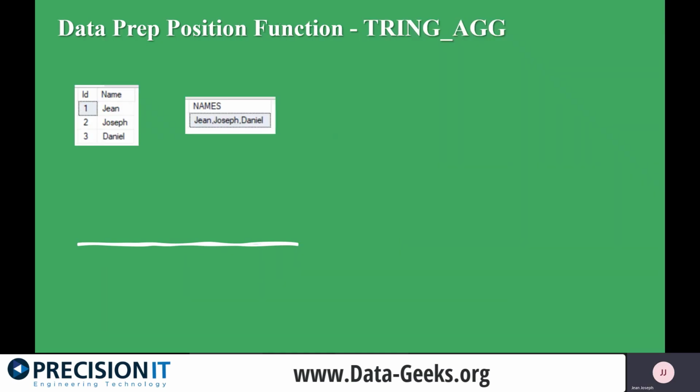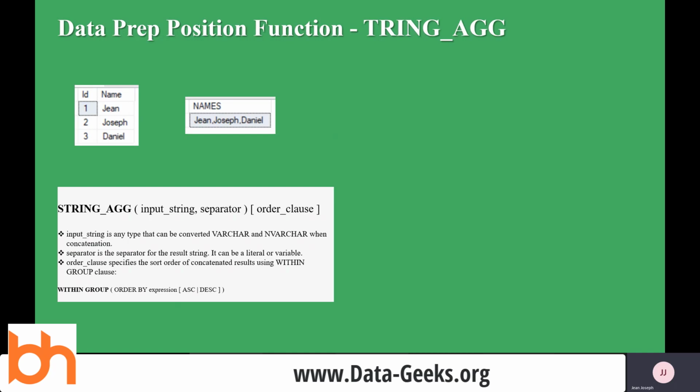So let's say, for example, if you have this format, they want you to have it in this format. Before we would use STUFF plus FOR XML, but now since SQL Server 2017, they give us STRING_AGG. This is the instructions to use it.